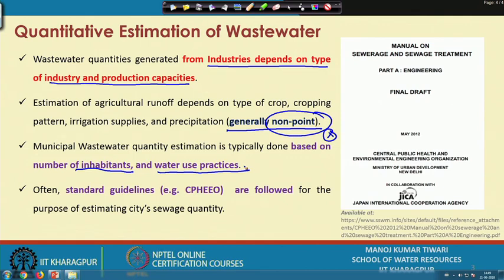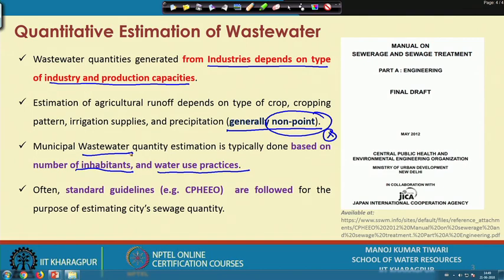Then, if we know the population size of that town, and we multiply the average per person sewage generation by the number of persons, we may get a quantitative estimate of sewage generation.